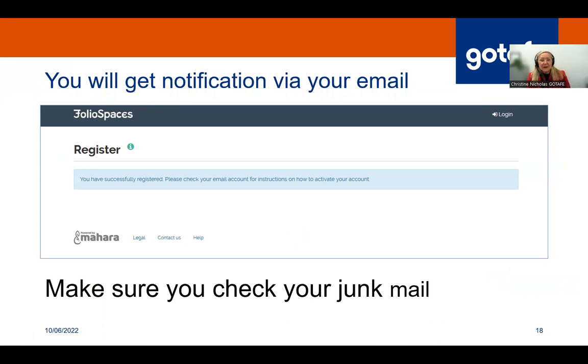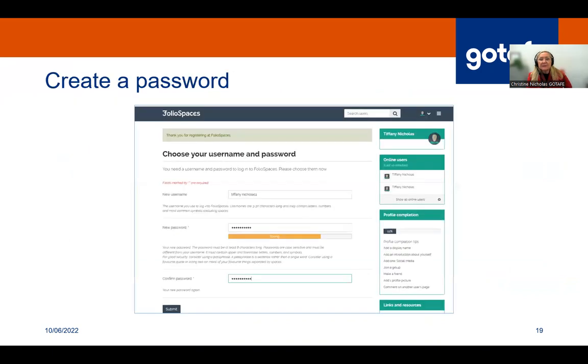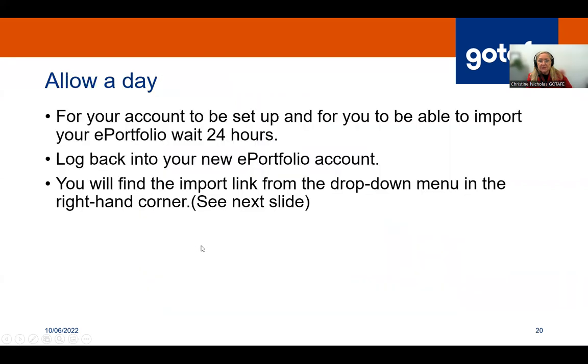So check your junk mail, and when you click on the link inside the mail that's been sent to you, it will open up into a form, and it wants you to finish off your registration. It will give you a username, and it will ask you to put in a password, and it will indicate whether the password is strong or not.